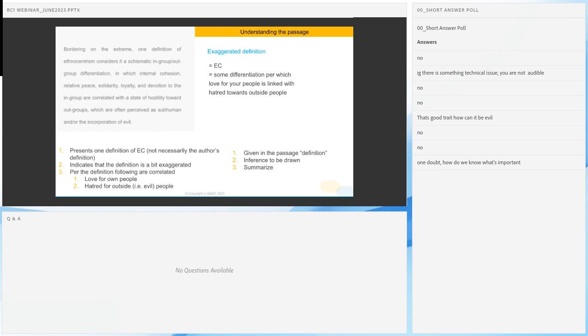All right. So when you think about GMAT RC, the key thing about GMAT RC is that you're not supposed to have any background information beyond what's considered very common knowledge. I wouldn't want to use the word general knowledge, but very, very common knowledge. So when you think about a list over here, such as this piece, you're not supposed to be experts on what's the result of internal cohesion.